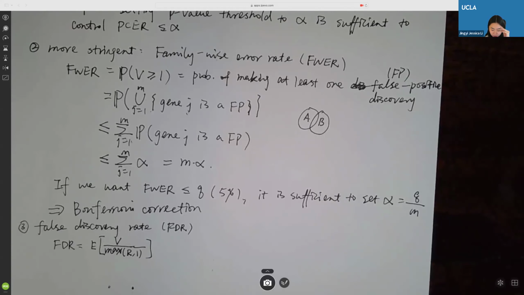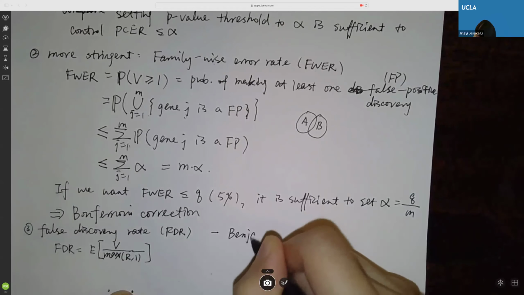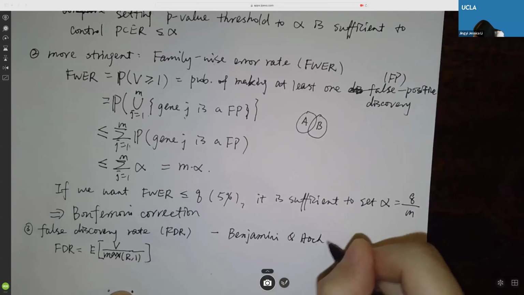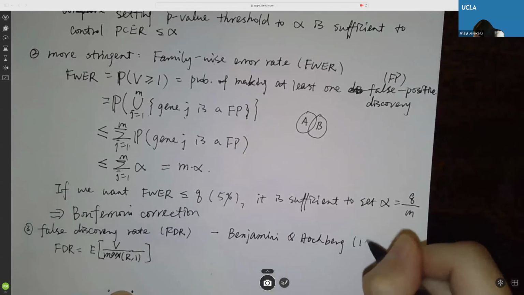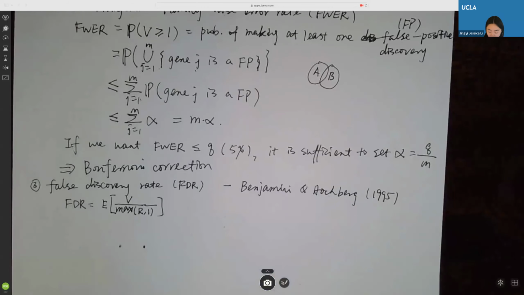So to control the false discovery rate, how do we do it? This criterion was proposed in the Benjamini and Hochberg 1995 paper. It was a statistics paper and probably one of the most widely cited papers, because it proposed the FDR criterion, and later FDR became so popular in biomedical research for setting p-value thresholds.